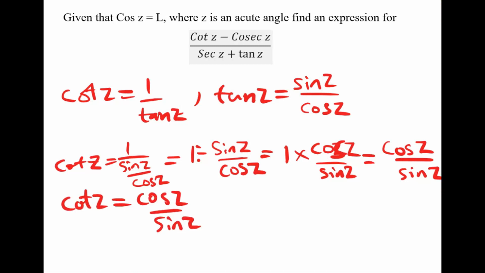The second part of our numerator is cosec z. Cosec z is the same thing as 1 over sin z.